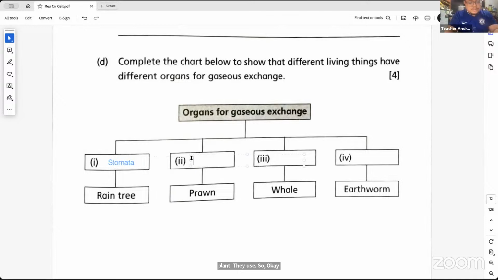Prawns use gills to breathe in. Whales have lungs. Earthworms use skin. Right, I think you all understand. Okay, let's carry on.